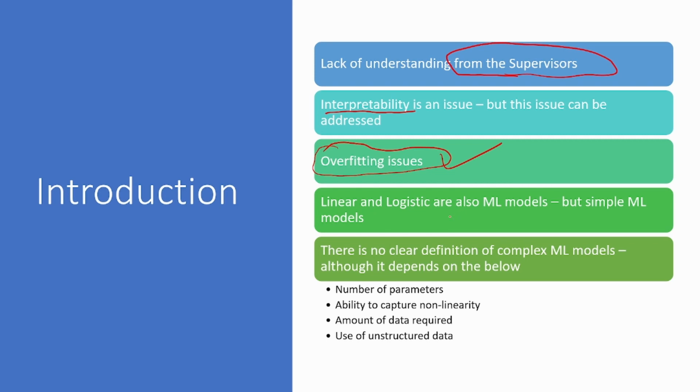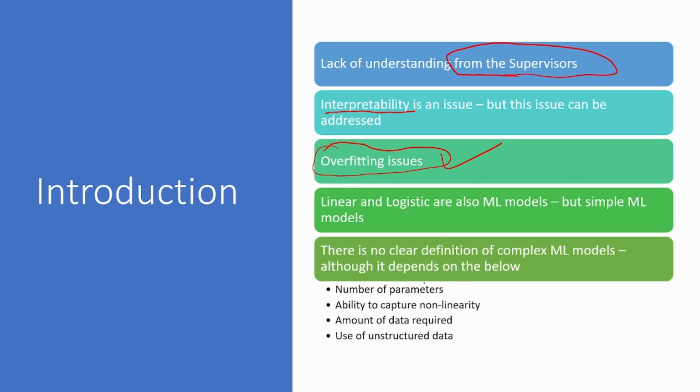In this particular discussion paper, we are talking about more complex ML models, for example bagging or boosting, random forest, or even deep learning models. So we're not going to be talking about linear or logistic regression models or simple decision tree models. These are by definition ML models, but the emphasis is more on complex models.